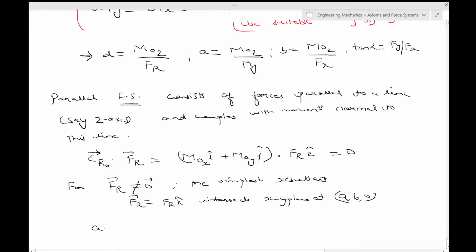Okay, so a i hat plus b j hat cross FR k hat is equal to CRO, which is equal to MOX i hat plus MOY j hat.